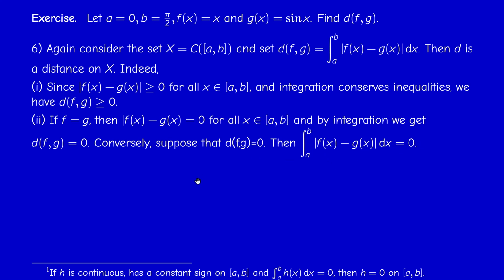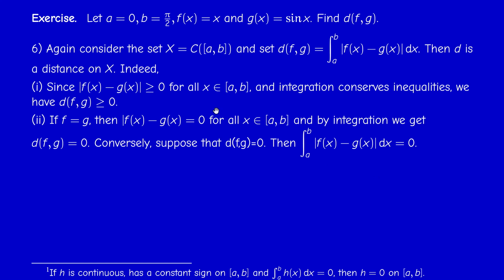Now we have to use a non-trivial result from integration, which tells me that if I have a continuous function h on an interval [a, b], which has a constant sign, for example, non-negative or non-positive, and if the integral is 0, then necessarily h is identically 0. And this is what we have here. f and g are continuous.